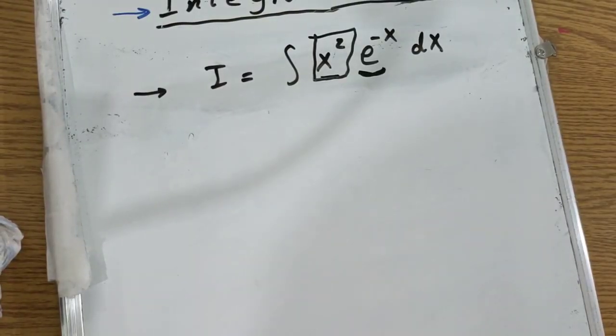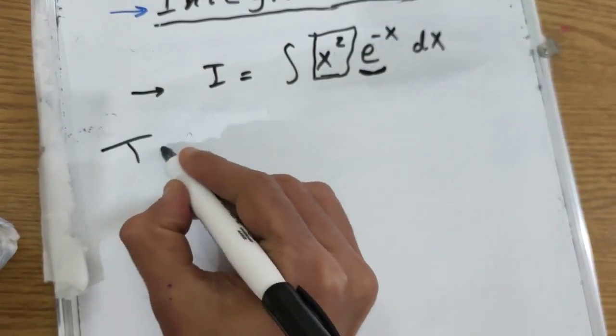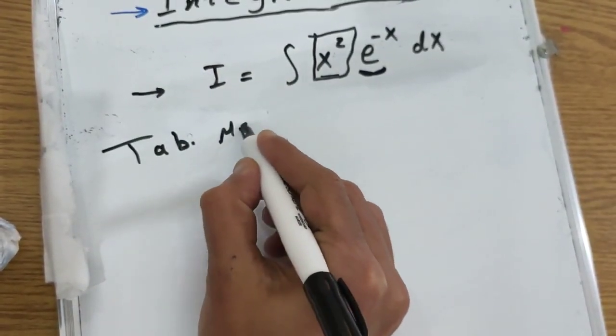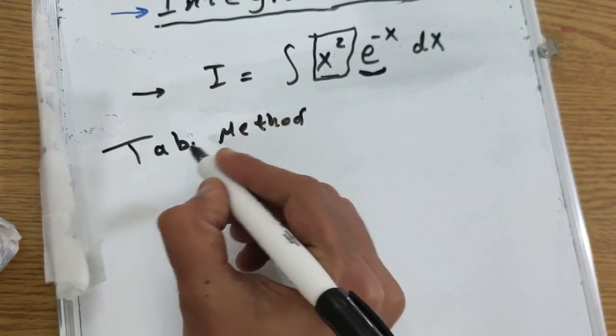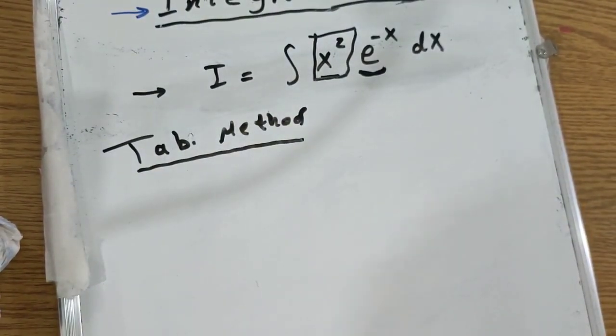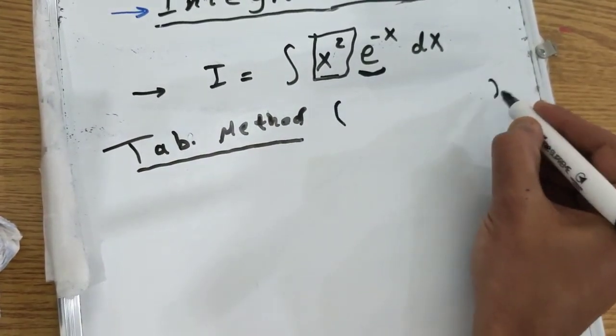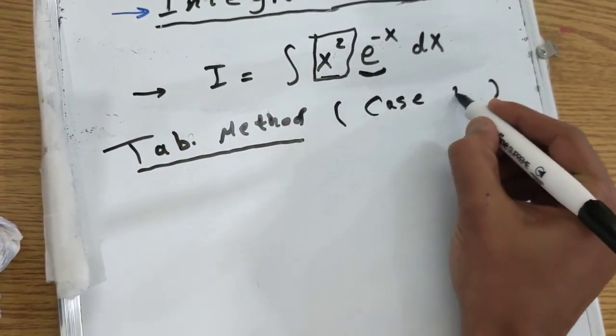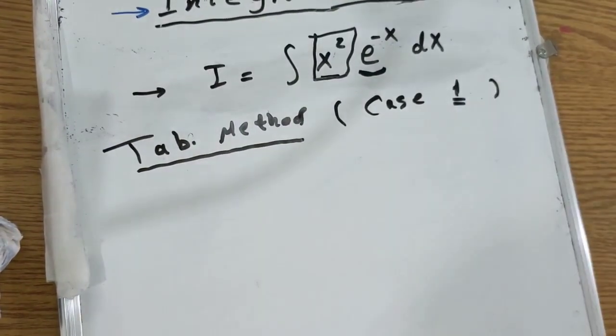And don't be confused, the Tabular method is another way to write the integration by parts in a more effective way, but it only works in case number 1, where we have a polynomial times the function to be integrated.